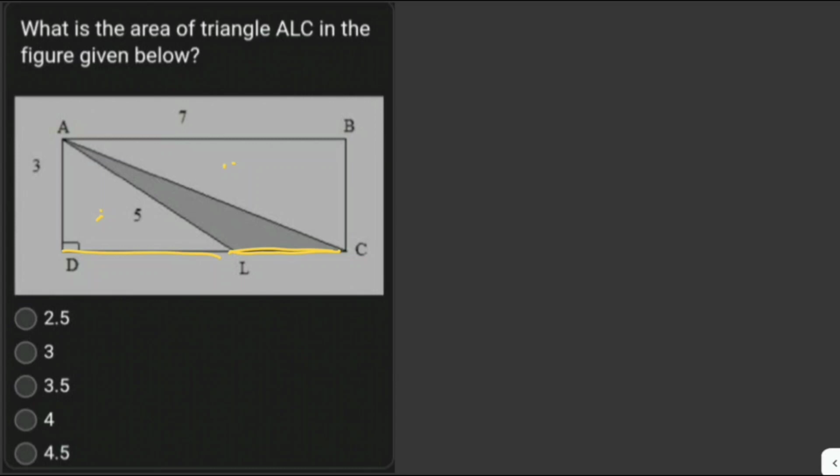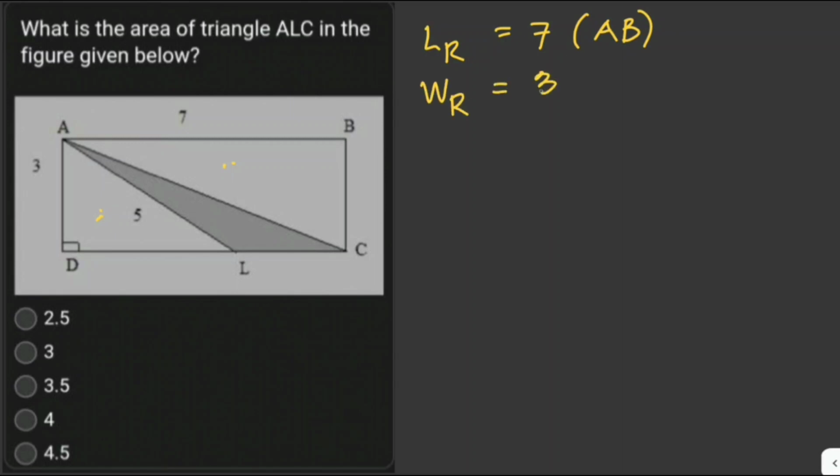So now let's do that. It's given here that the length of the rectangle is just equal to 7, so this is side AB, and the width of the rectangle is just equal to 3. This is side AD.